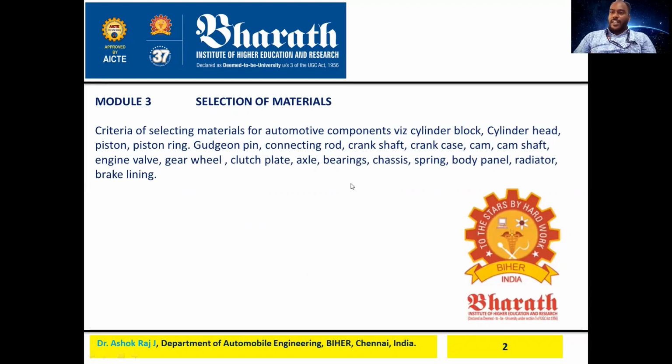Material selection is very tough unless you have basic knowledge about materials; you cannot select.